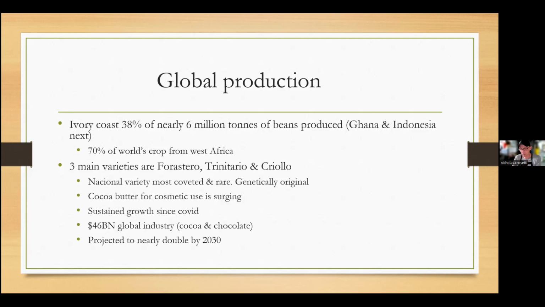The flavors are said to be just more abundant, more vibrant, really rich and elevated, but the yields tend to be very low. They tend to, outside of Ecuador, not really grow as well as any of the others. So while it's available, it's highly coveted and fairly rare to come by.